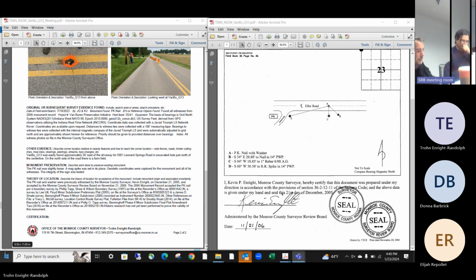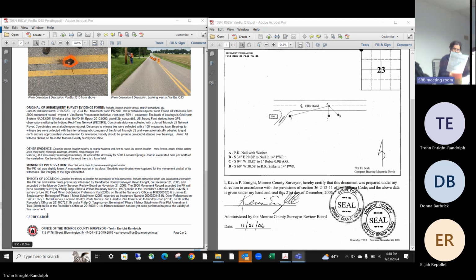It's really hard for me not to fill empty space with my voice, so I'll read the theory of location. The PK nail and washer were previously witnessed by Monroe County Surveyor Kevin Enright on December 21st, 2005, and accepted by the Monroe County Surveyor Review Board November 21st, 2006. The 2006 monument record accepted the PK nail per the boundary survey of Phil Tapp in 1997 on file in the recorder's office.